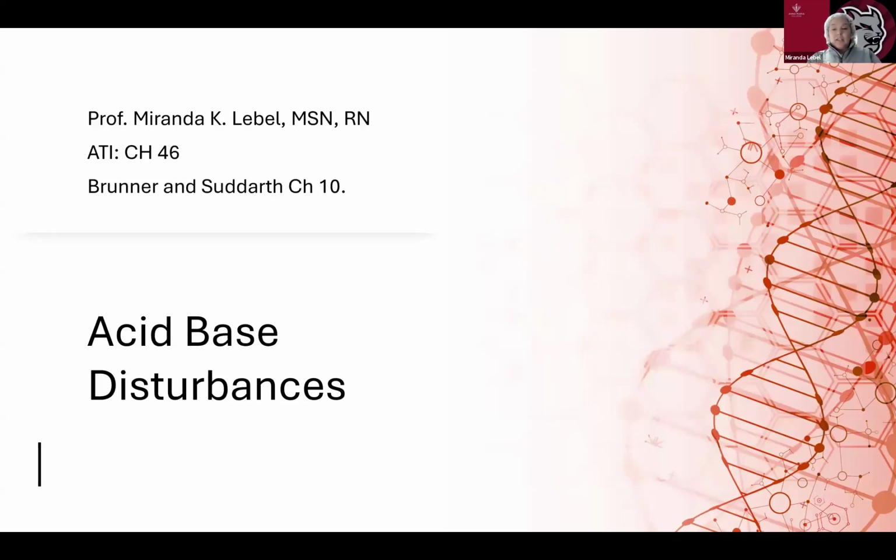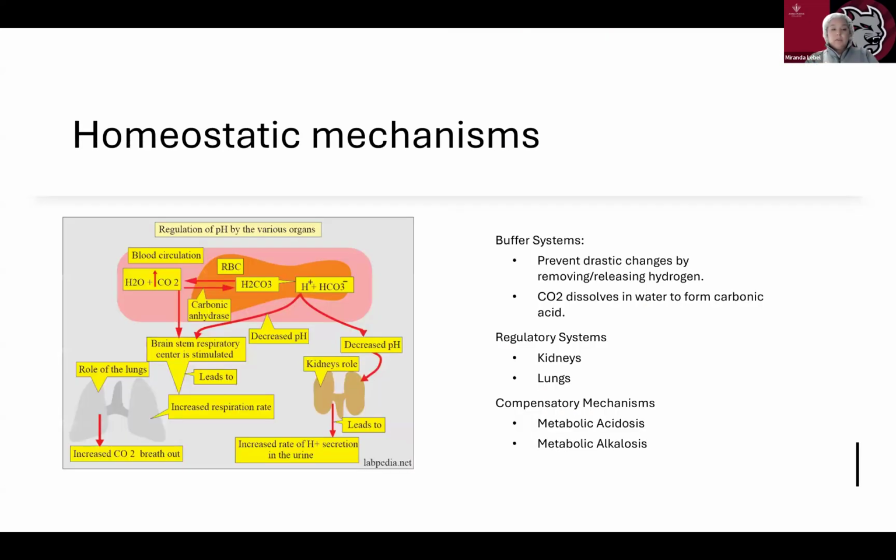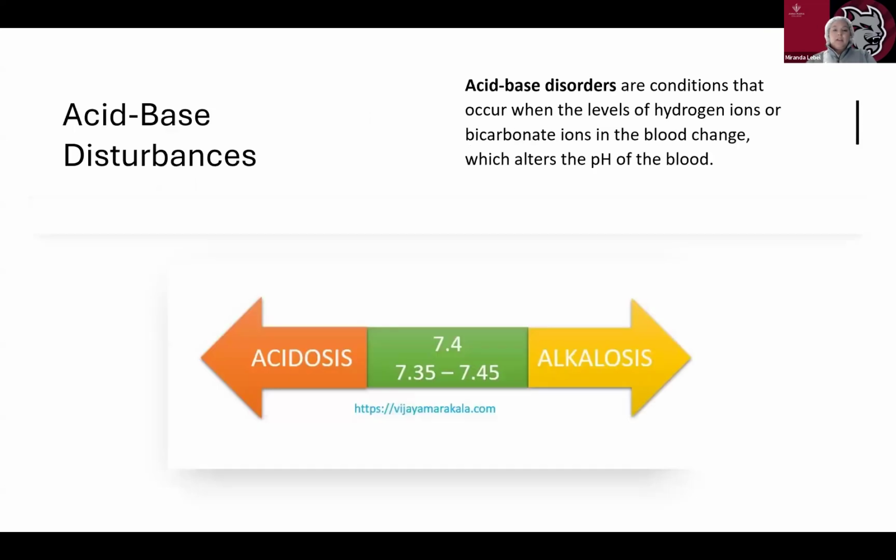So here you can see that the information for this lecture comes from ATI chapter 46 and Brunner and Suddarth chapter 10. Skipped a slide. So we're going to talk about acid-base disturbances, understanding that the pH of blood is 7.4, and if it becomes lower than 7.35, it's acidotic, and if it becomes greater than 7.45, it's alkalotic.